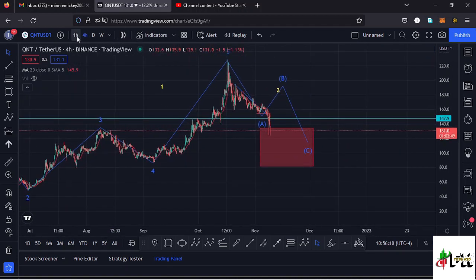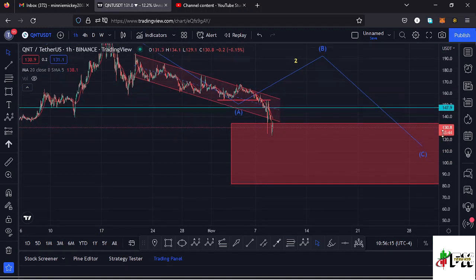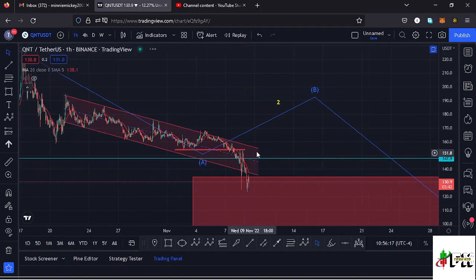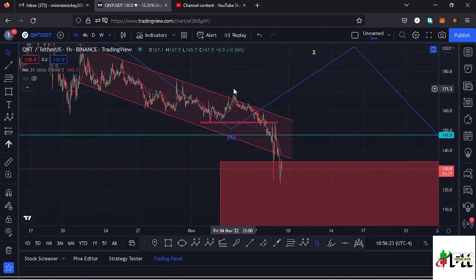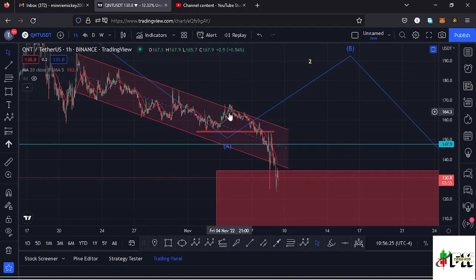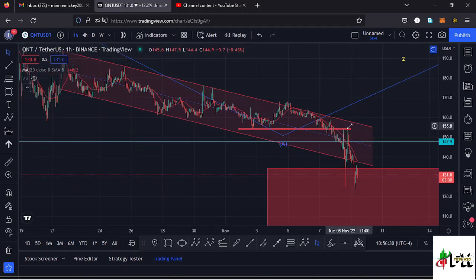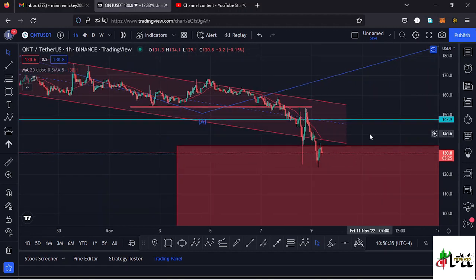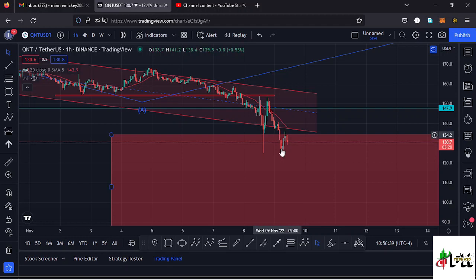Also taking a look at the 1 hour chart so that you can see what structures we have over here. Here on the 1 hour chart, you can see that we have been trading within this channel, and at some point we had managed to break out of the channel to the upper side, but the breakout was not a success as we tried to have a retest, and in that retest we got back into the channel once more, lost a key area of support at around the $154 mark, and you can see yesterday we managed to break out of the channel to the lower side once more, and there's a possibility that whatever we are seeing over here might be a retest of the lower side of the channel in this movement right here.